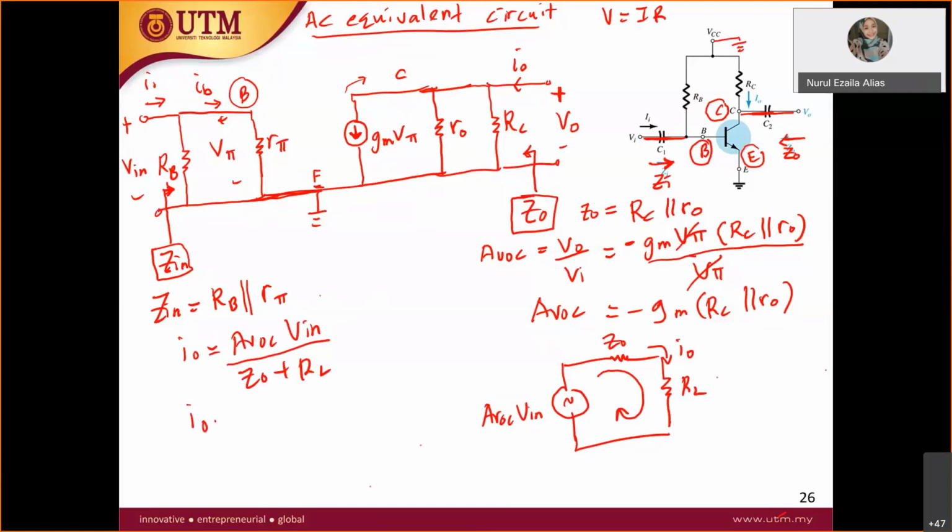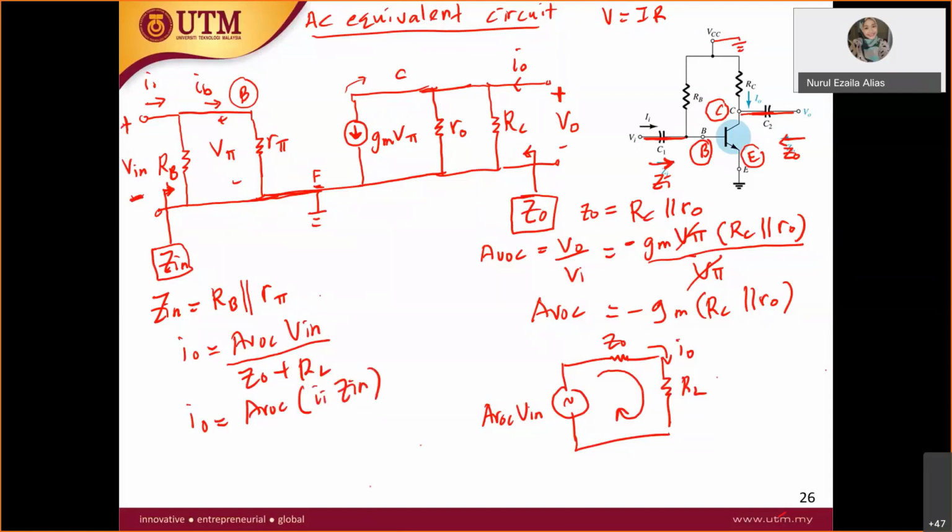So I out is equal to the AVOC. Okay, what is V in? V in is the voltage across here. Can I say that V in is equal to I in Z in?